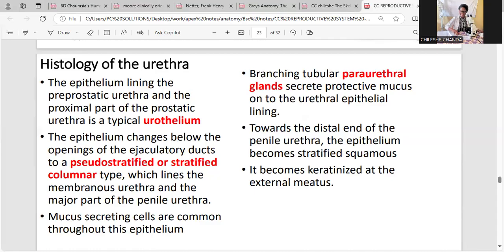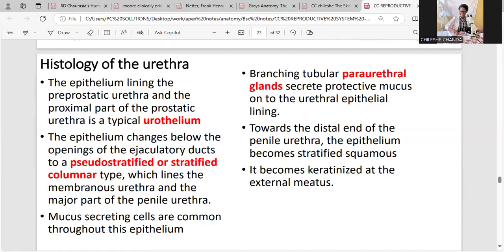And then the urethra changes below the opening of the ejaculatory ducts to a pseudostratified columnar epithelium or stratified columnar epithelium, which lines the membranous urethra and the major part of the penile urethra. We also have mucus secreting cells which are common, so that the urethra is not kept dry.